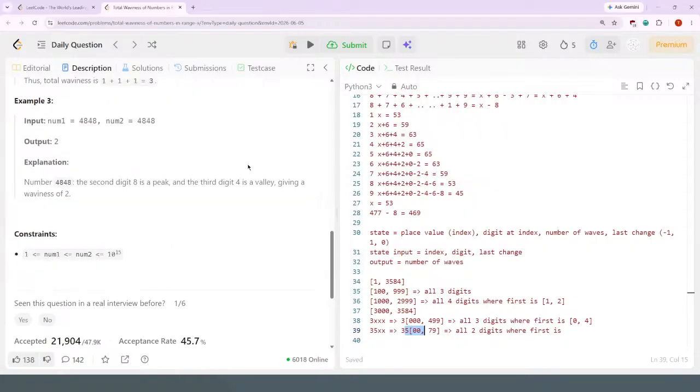Oh my god, so bad. So this is all 2 digits, where the first is 0 to 7. Although again, they can't form 2-digit waves. Alright, I'm just too sleepy here.